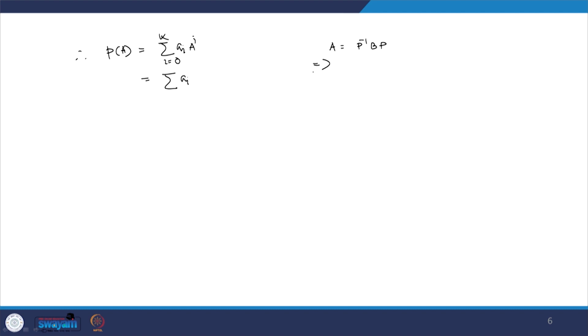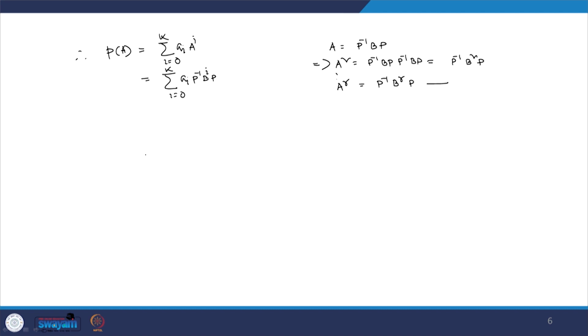So, this implies A square will be P inverse BP into P inverse BP, which is equal to P inverse B square P. So, in general A to the power r equal to P inverse B to the power r into P. So, I will have this equal to sigma a_i P inverse into B to the power i into P, i equal to 0 to k.